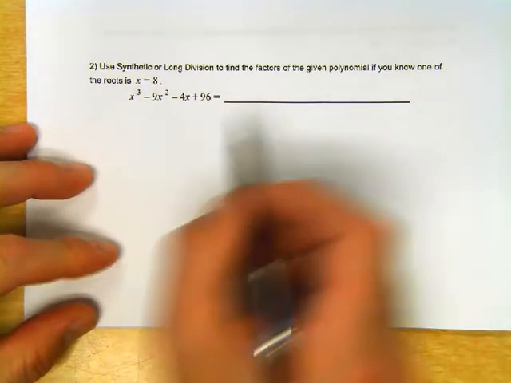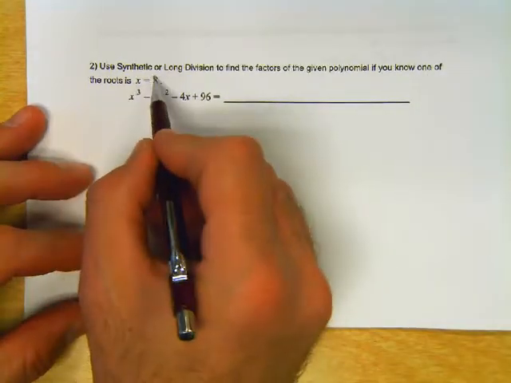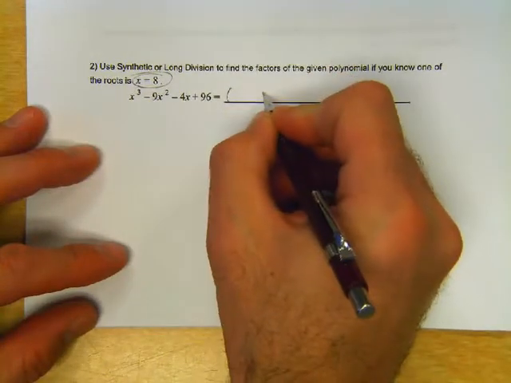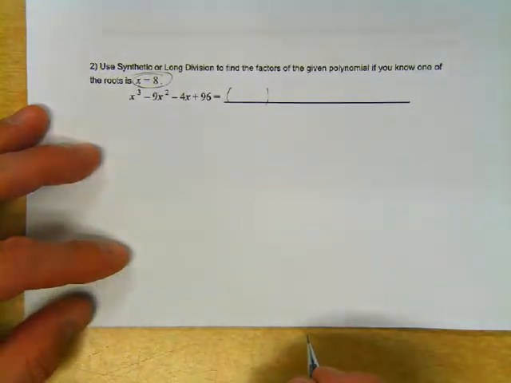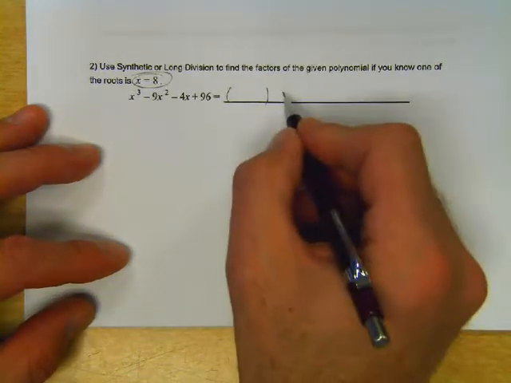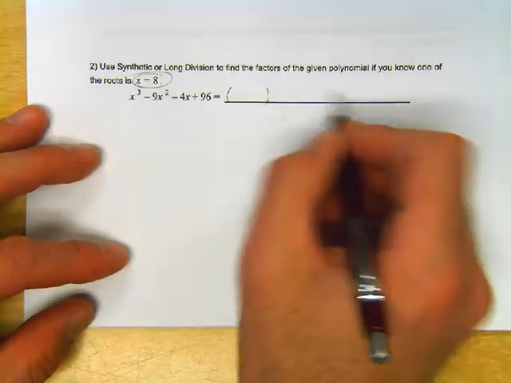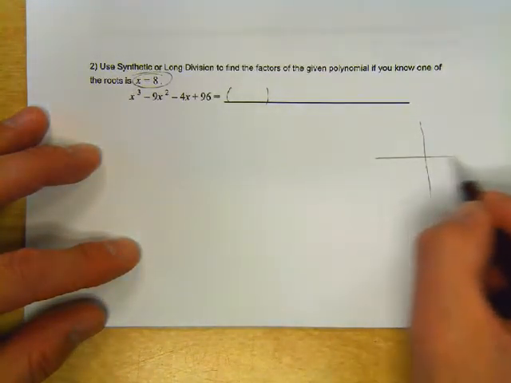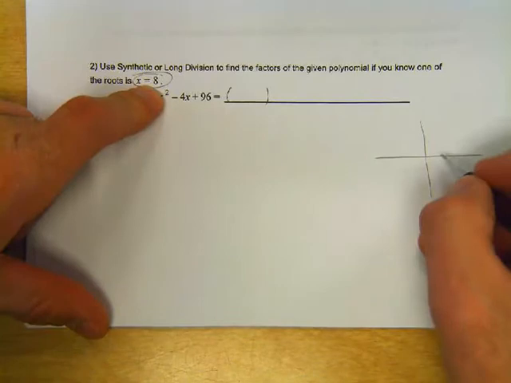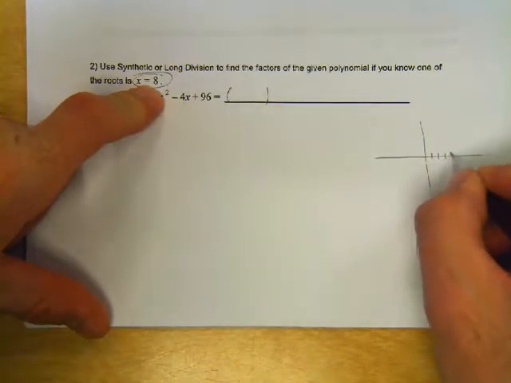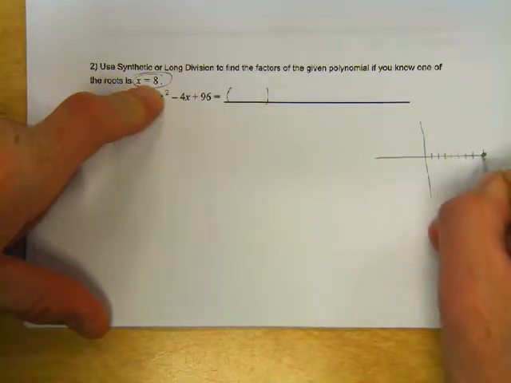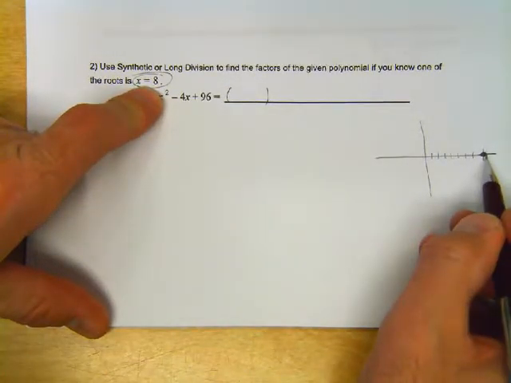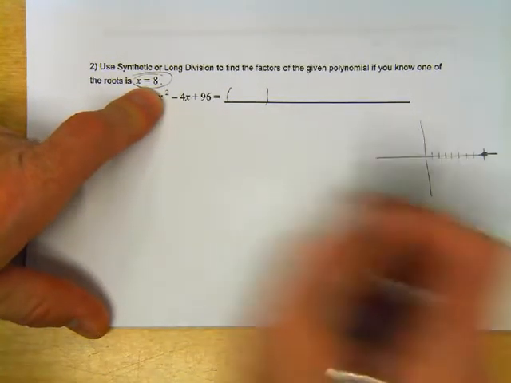Okay. Now it says we know one of the roots is x equals 8. So we know one of them, which means there's going to be 2 more. I'm going to draw a little picture here. If we know one of the roots is at x equals 8, how would we represent this root of 8 in a linear binomial?